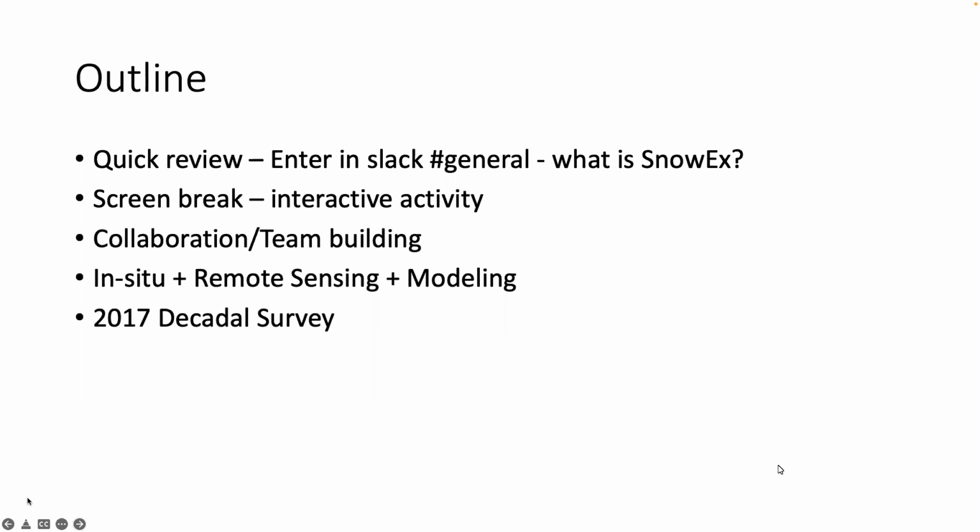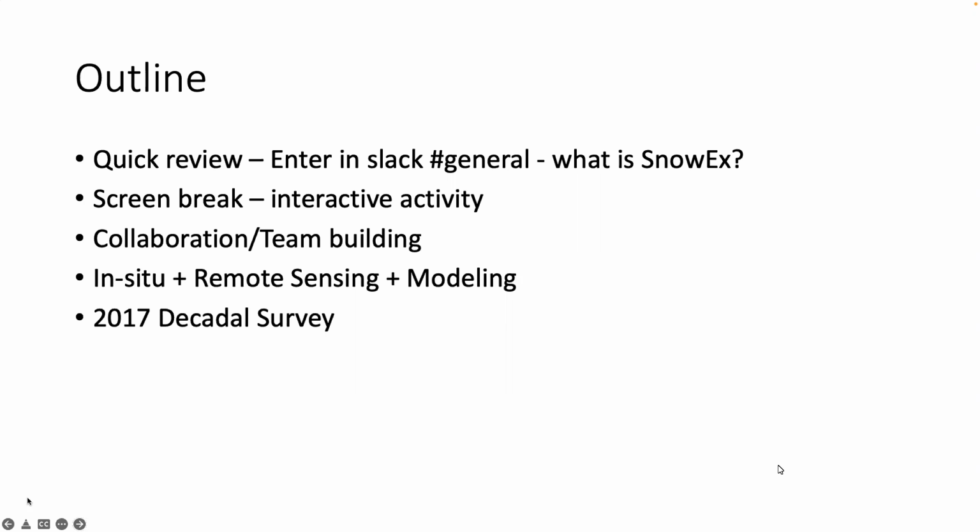I would say that most of the people that I collaborate with right now are people that I met during a similar field effort called CLPX, the Cold Land Processes Experiment, when I was a graduate student. So the partners that you have here are some of the people that are involved in this project, and likely people you may be collaborating with if you continue on in this field. So I want to invite you, as part of what you're doing in your groups in particular, to try to connect with somebody that you didn't know before SnowEx.